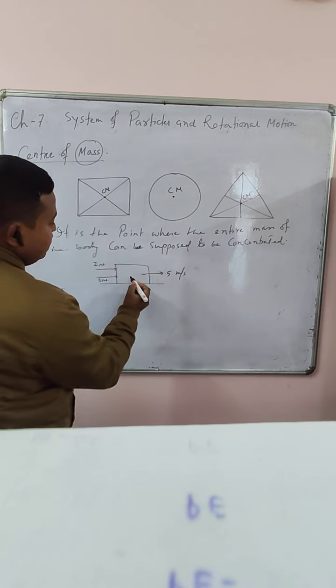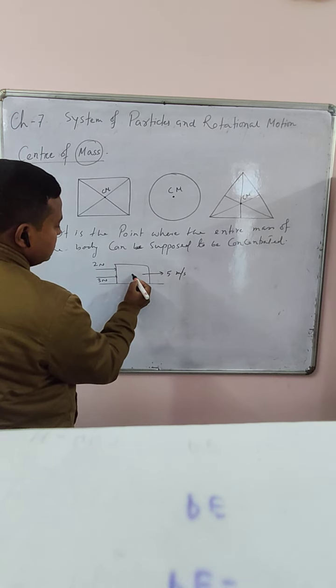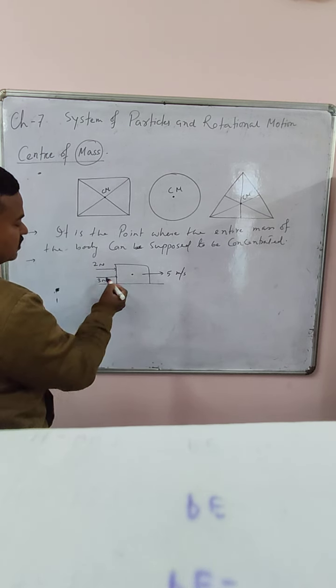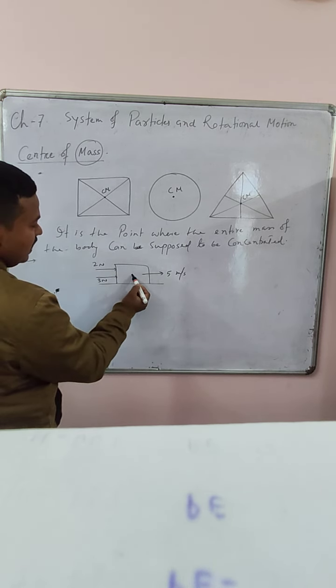Here, this is the position of center of mass. Now if we apply the resultant force, the net force, directly at the center of mass, then the motion of the body remains unchanged.